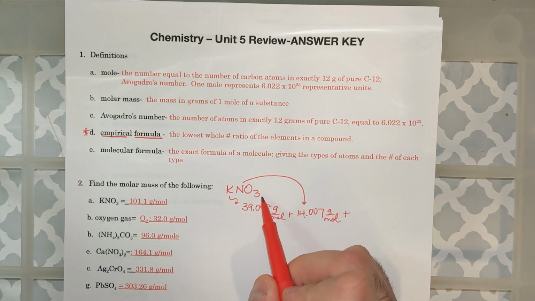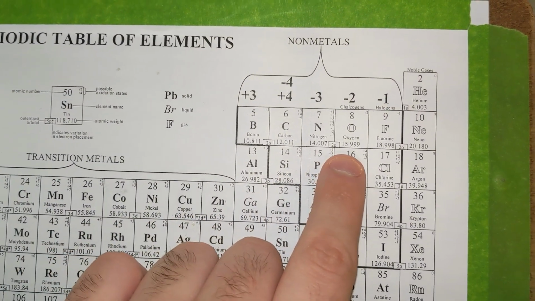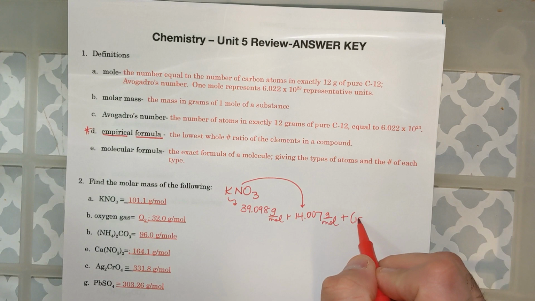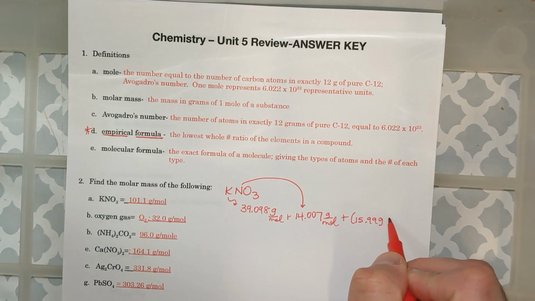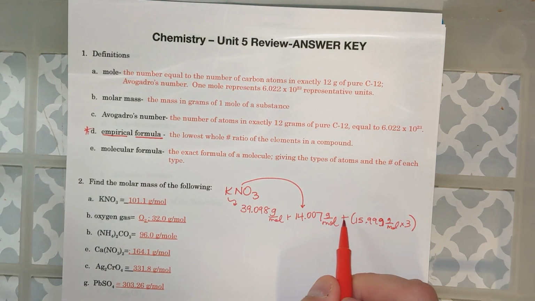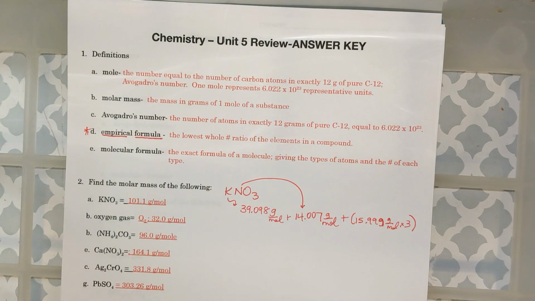Plus, now there's 3 oxygens. Oxygen has a molar mass of 15.999, so I'm going to have to do 15.999 grams per mole and multiply that by 3. If I add up all of these numbers, I will get 101.1.